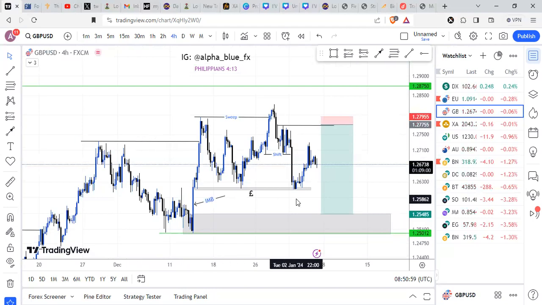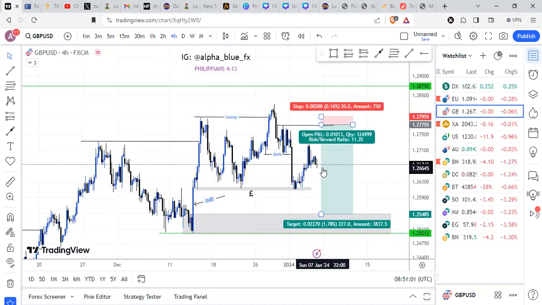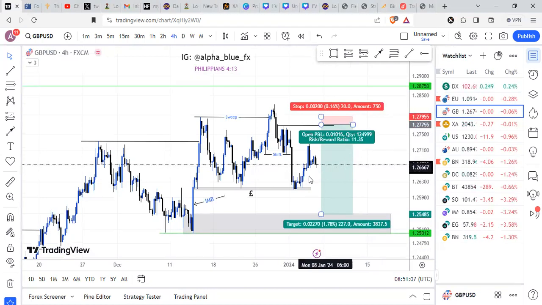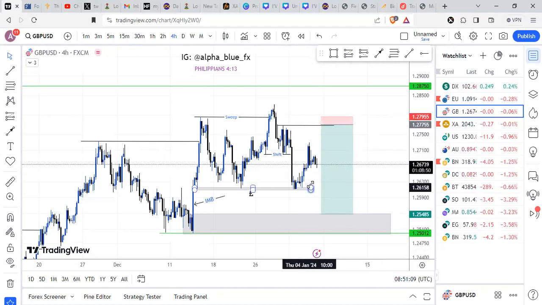So in GBP USD here, there was a very strong, very massive spike to the upside. It's very obvious that the data was very bad for the dollar. That was why dollar went down and GBP USD went up. So it's very, very straightforward and easy.